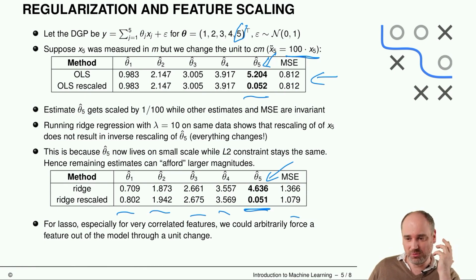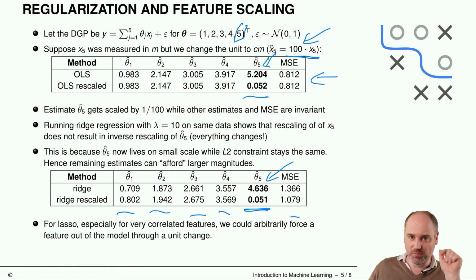This would also indicate that, especially for Lasso, especially for very correlated features, we arbitrarily force a feature out of the model through basically doing unit changes. But this can happen even without strong correlation in the features. This can happen for arbitrary penalties. Well, not that you push something exactly out of the model, but by doing an opposite unit change, okay? Where you don't go from meters to centimeters, but maybe from centimeters to meters or to kilometers.